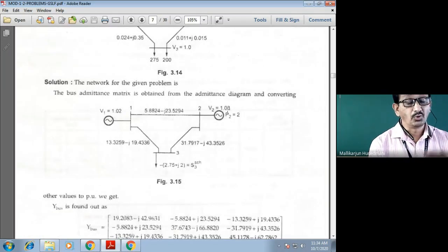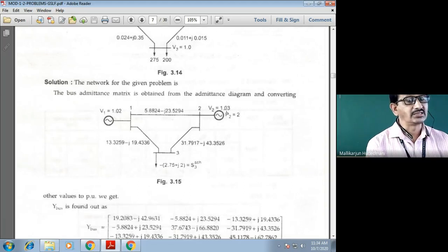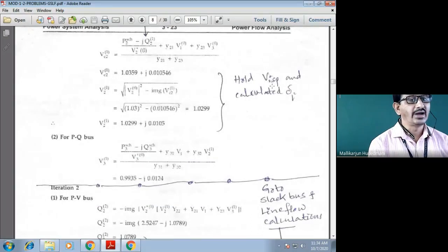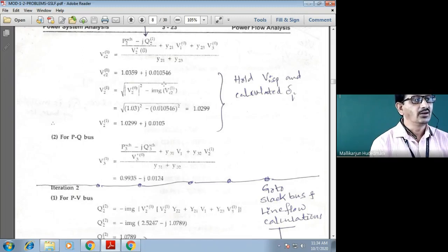When you convert it to polar, whatever answer comes as the magnitude, reject it. Hold it at 1.03. And the angle, whatever comes, you retain that. That is the answer here. These extra 3 lines you might ignore because that is the same thing I am telling you in a very short way. Okay, that becomes the bus 2 voltage.